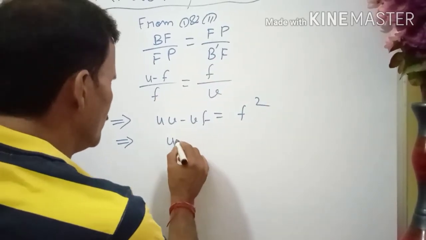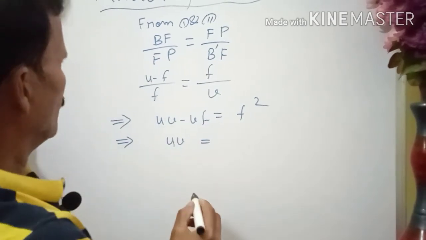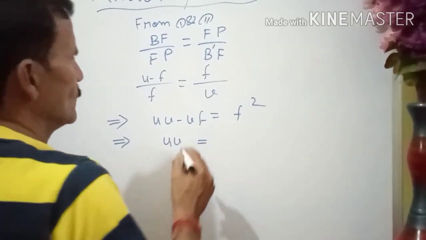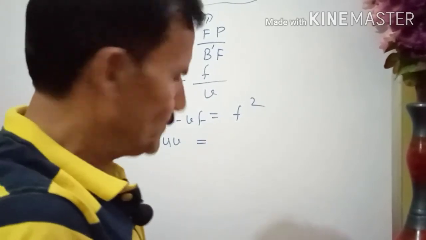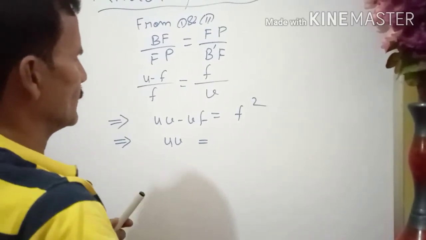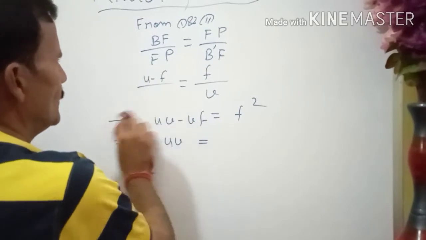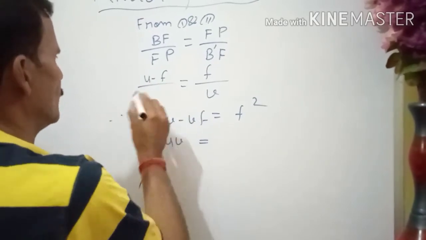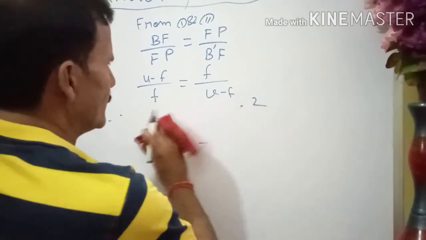Now UV is equal to how much? Wait, there was a dog barking. So here somewhere we have written wrong. So once again, F, and this is equal to nothing but V minus F. So multiply.